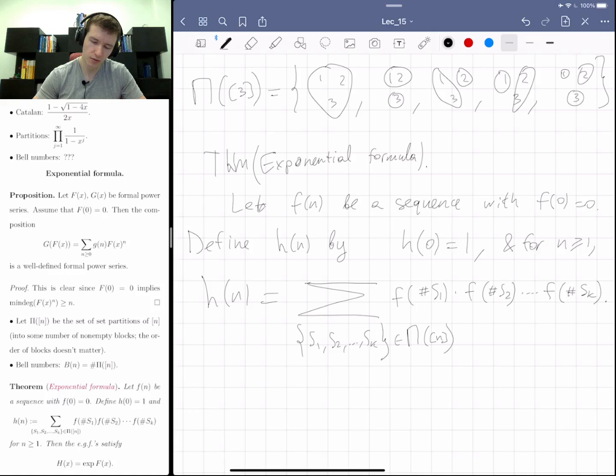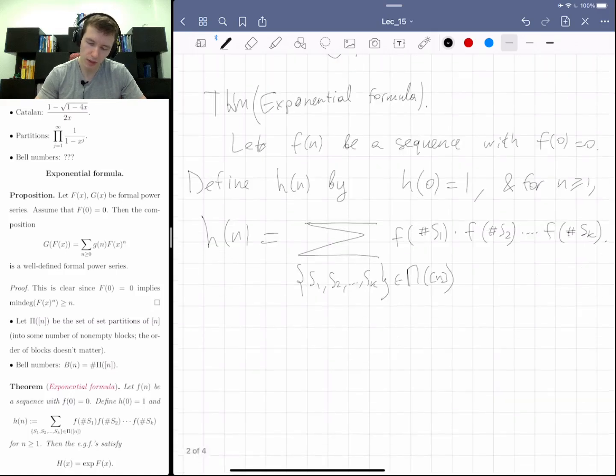So in other words, if f is the number of ways to perform some task on an n element set, then h of n is, what you do is you split bracket n into non-empty blocks, some number of non-empty blocks, and then you perform this task on each individual block.